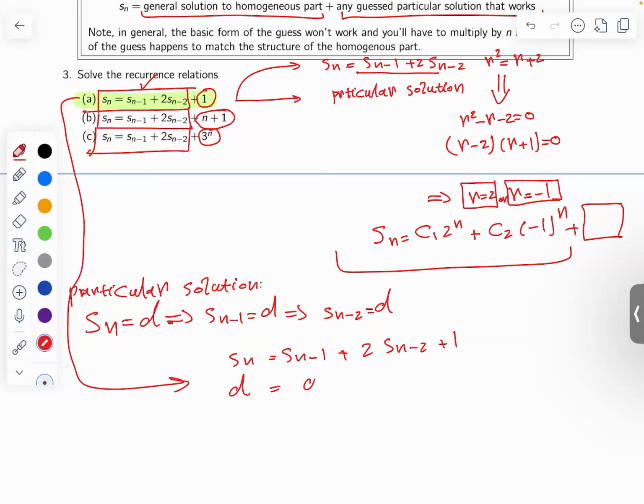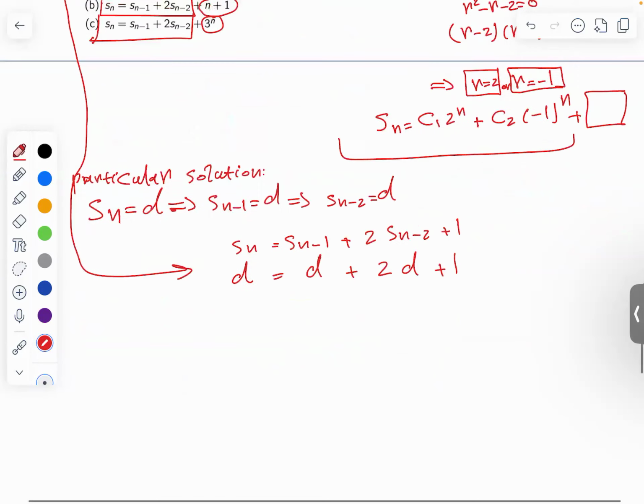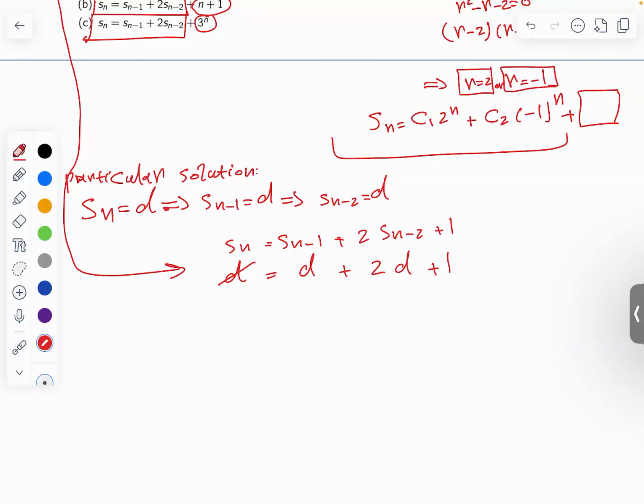D equals D plus 2D plus 1. Now let's find D. D cancels, and from here 2D plus 1 equals 0. From here D equals minus half. So the particular solution is Sn equals minus half.